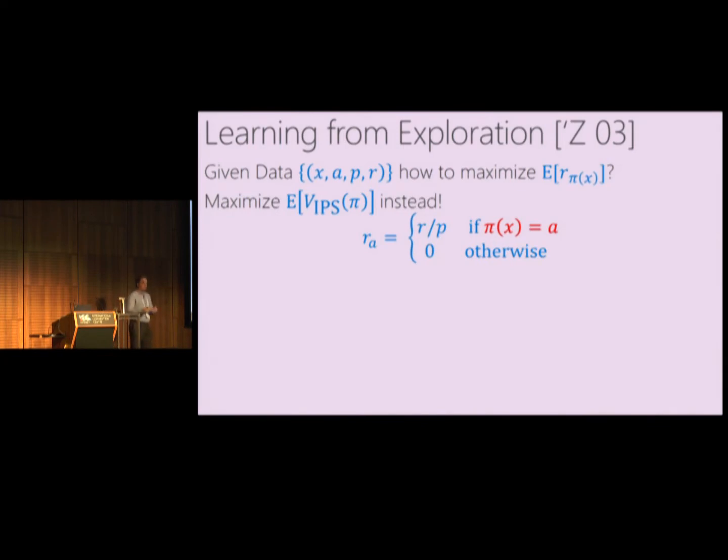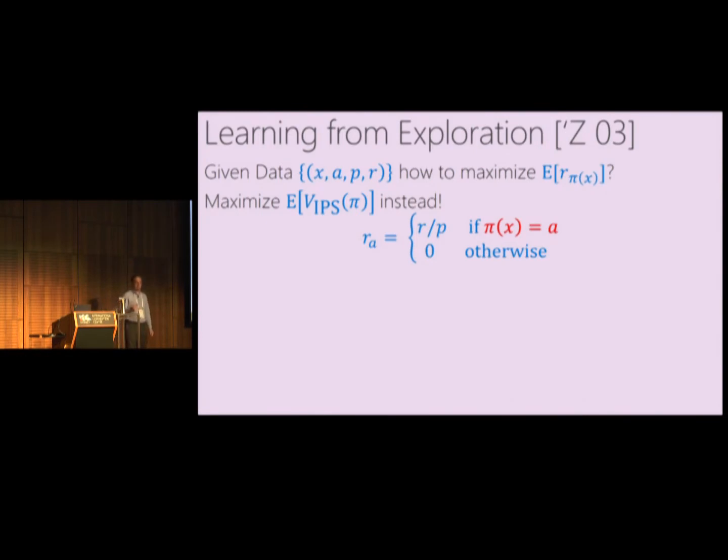The simplest one is based upon IPS itself. We had a theorem saying that the expected reward of the policy chosen action was equal to the expected value of this IPS estimate. If we look at the IPS estimate, the reward of an action is equal to R over P for the policy chosen action and 0 otherwise.